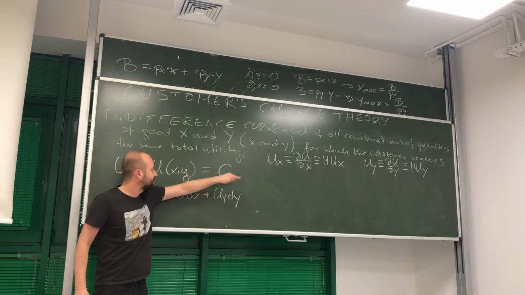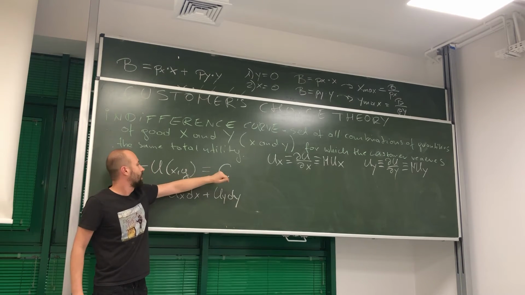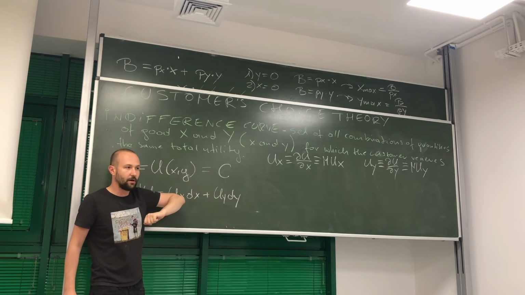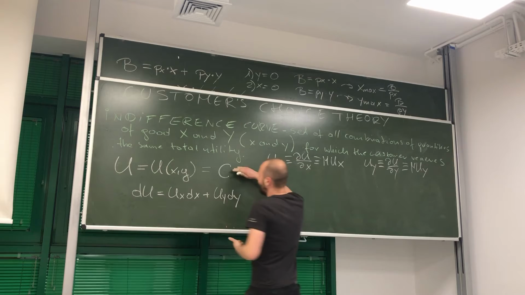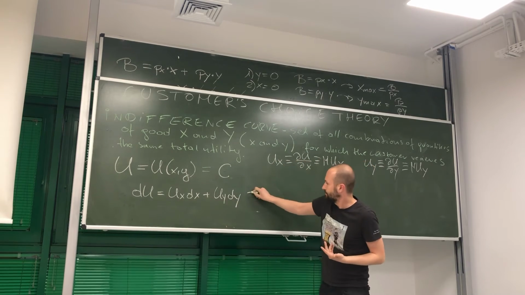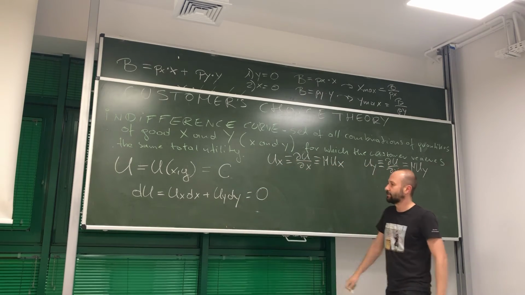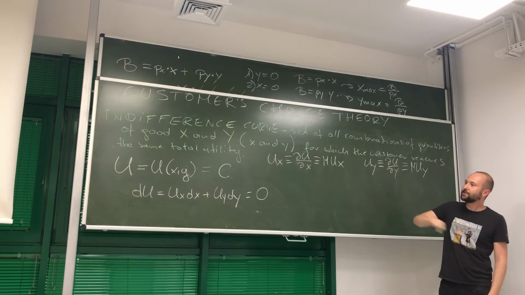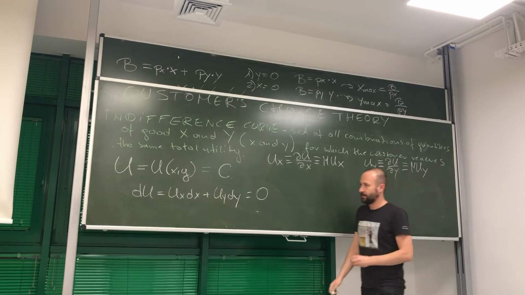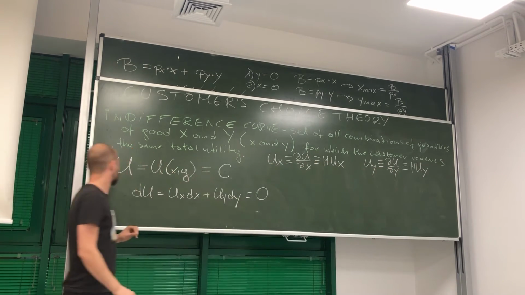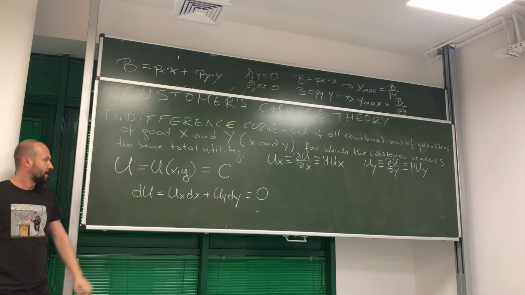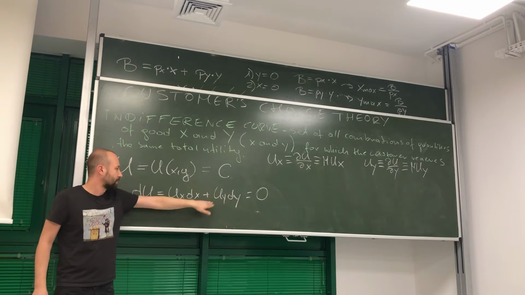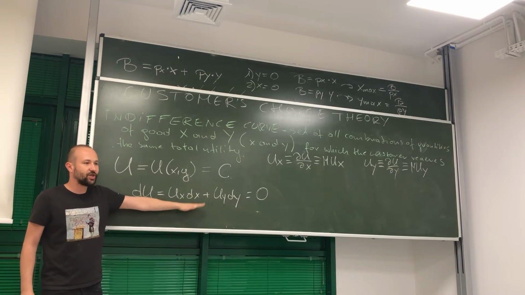Because we want to assume a certain level of customer satisfaction, so a certain level of total utility. So look, if I differentiate a constant, I'm getting a 0. And look, it turns out that even without knowing the exact form of the utility function, I will be able to find the slope of the utility function just from that.